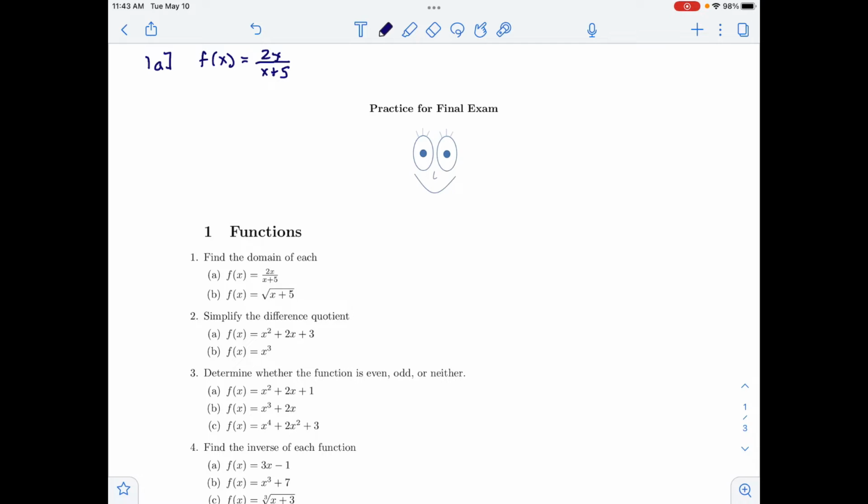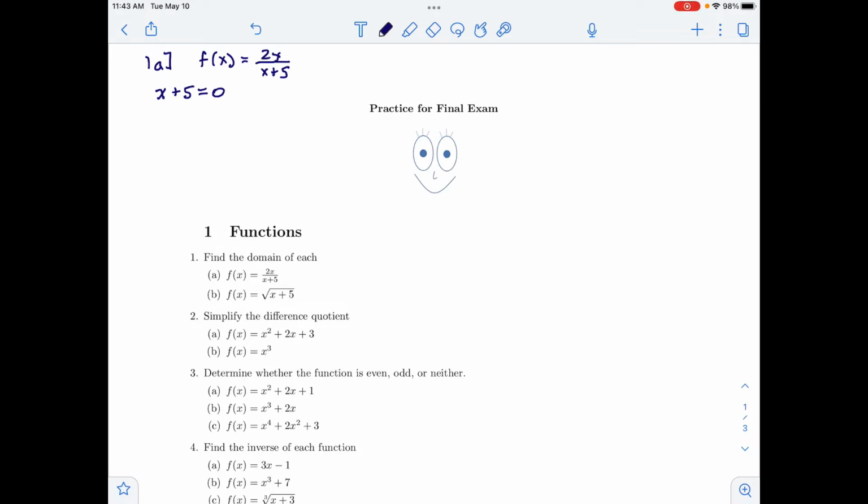So we don't want to put in anything in place of x that will give us a 0 in the denominator. So I'm going to do some investigating and find out what's going to make that denominator 0.